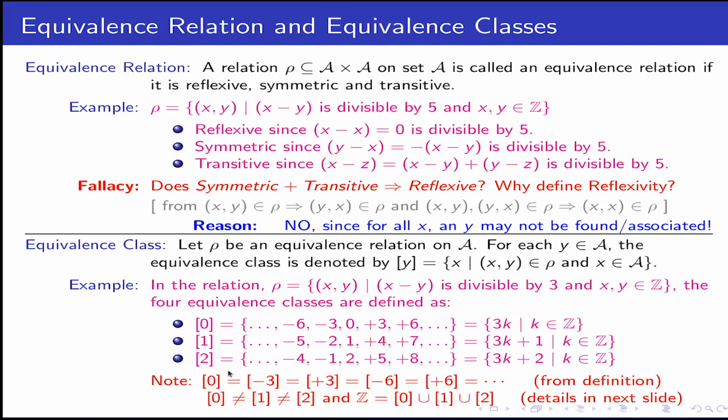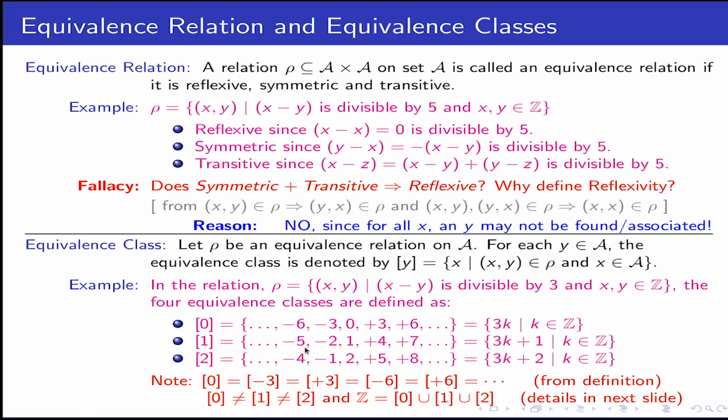Hence each of these members can define the equivalence class in third brackets, and minus 3 forms the same equivalence class as 0 forms. Minus 6 forms the same equivalence class as formed by 0 and so on. And each equivalence class is distinct, because if some of the elements were equal, then the whole class would merge and form a single class.